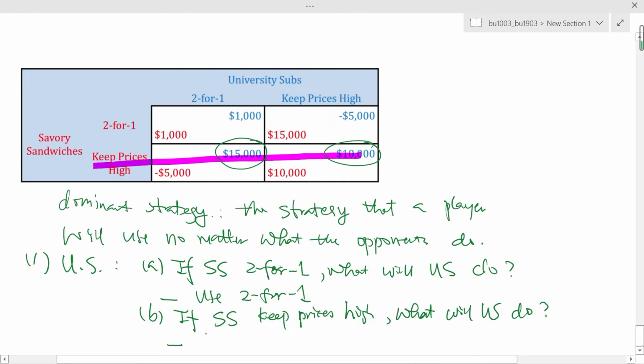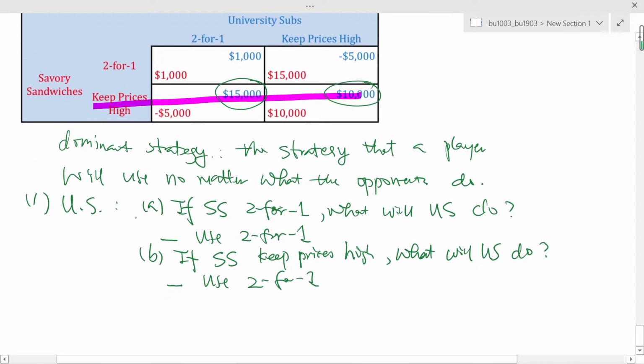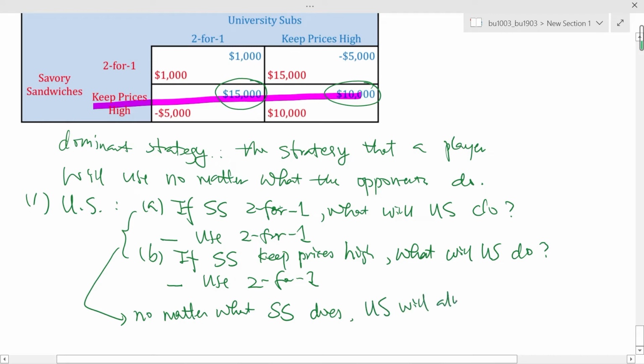So University Subs will use the two for one action, and here we can see that no matter what Savory Sandwiches does, University Subs will always choose the action two for one.